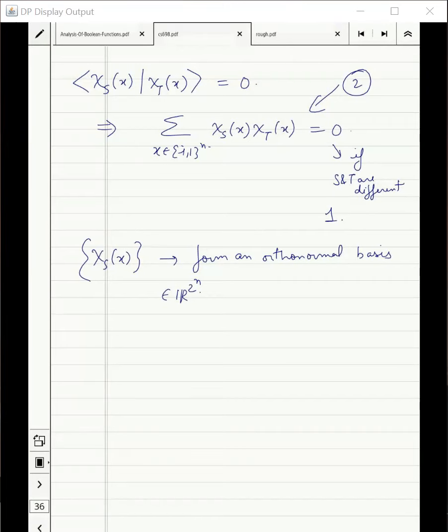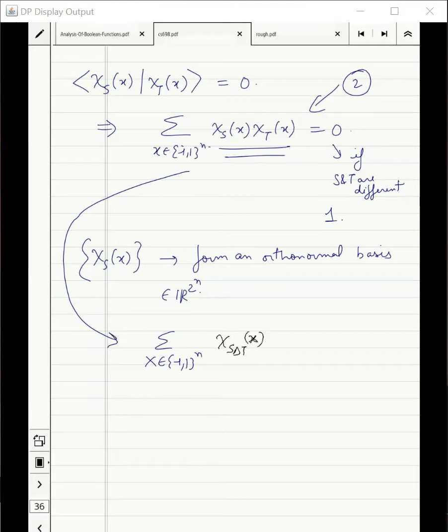So let's do the calculations. What will this quantity chi S(x) times chi T(x) become? If there is some i which is present in S as well as T, what will happen to it? It will become 1. We can remove it. So this thing is just a parity.